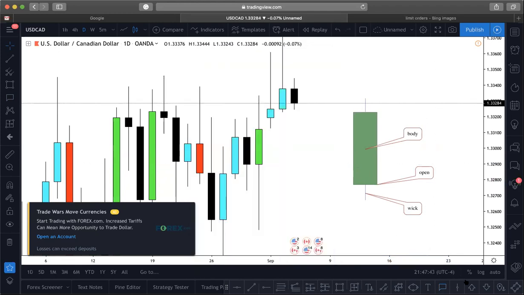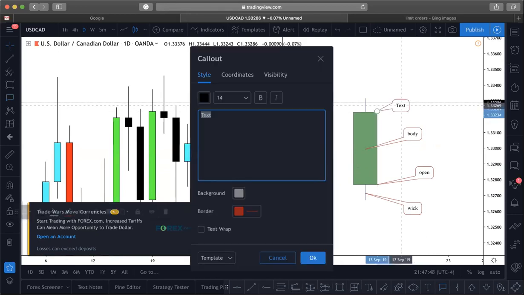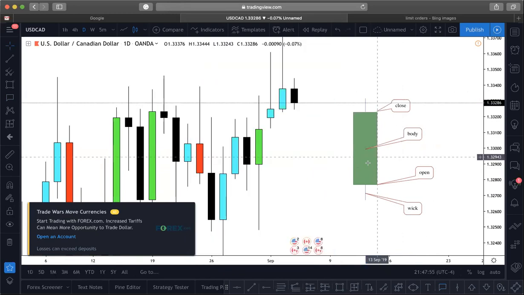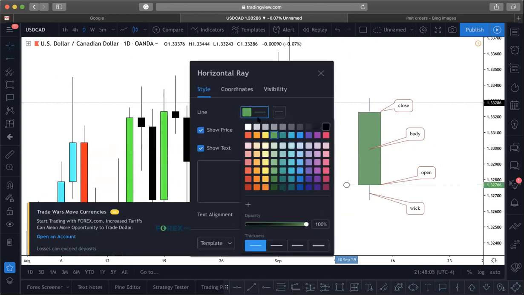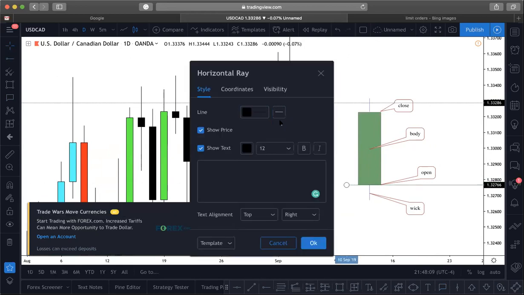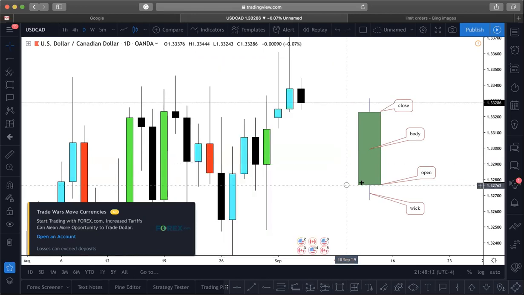and this could be the close, right? What it simply means is that the market opened on this level for this candle, right?